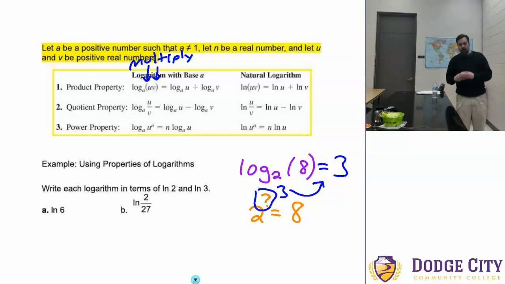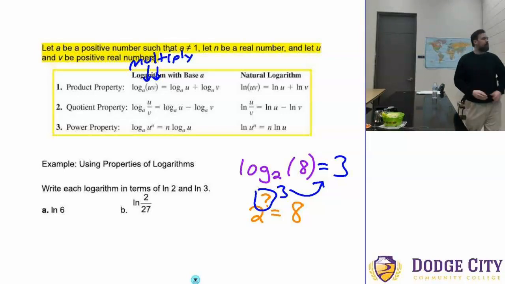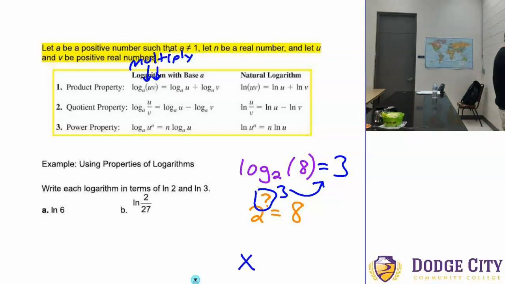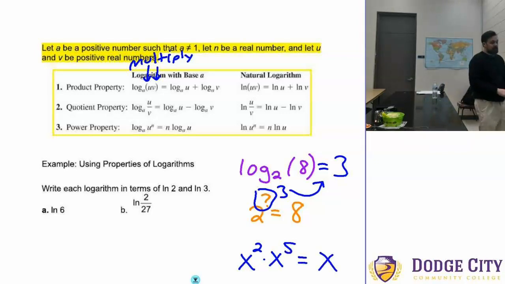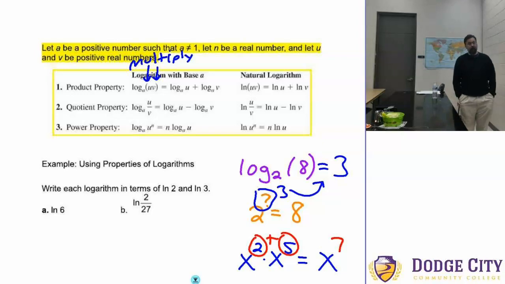What do we do with exponents when we're multiplying? So for example, if you have x to the second power times x to the fifth power, what do we do with the exponents in that case? We add the exponents together. 2 plus 5 gives me 7. And that's how I get the new exponent.